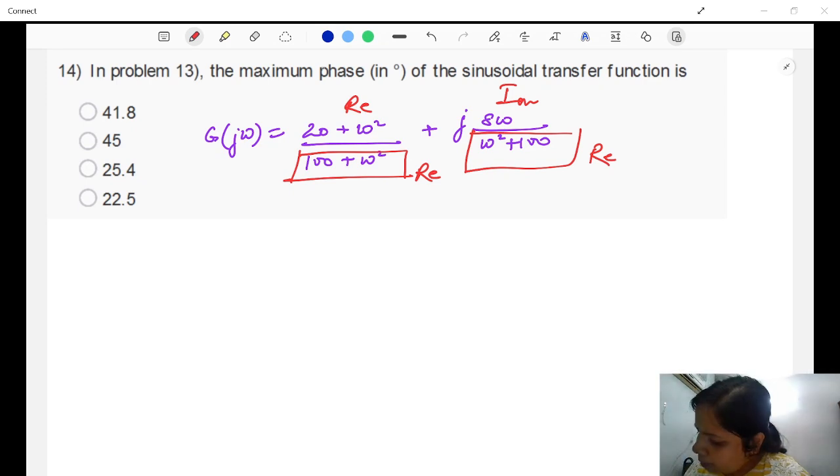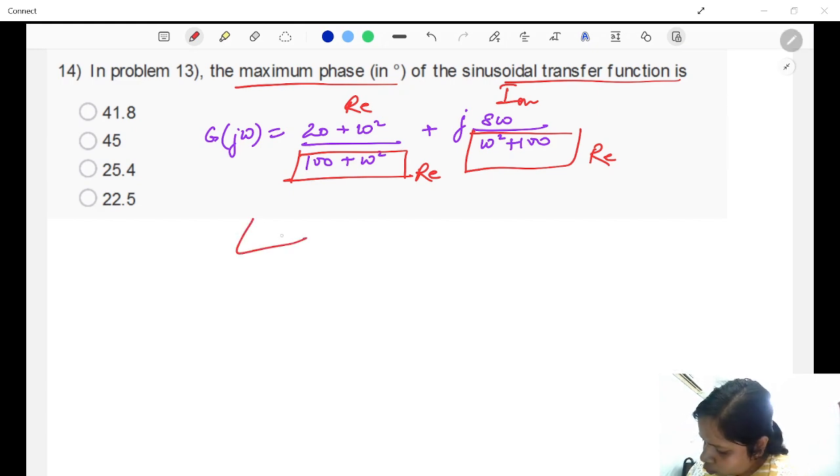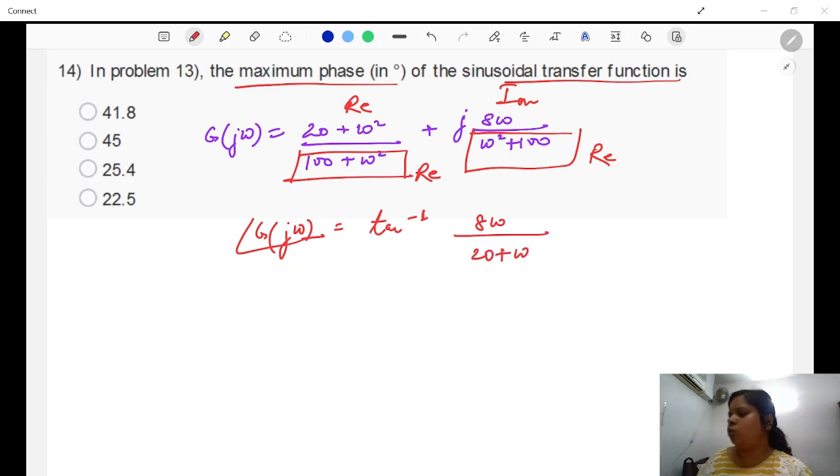So what is the maximum phase of the sinusoidal transfer function? Let's see what the angle is going to be at first. Your angle of G(j omega) is tan inverse of 8 omega upon 20 plus omega squared. I'm sure this is clear. Now let's see what is going to happen.